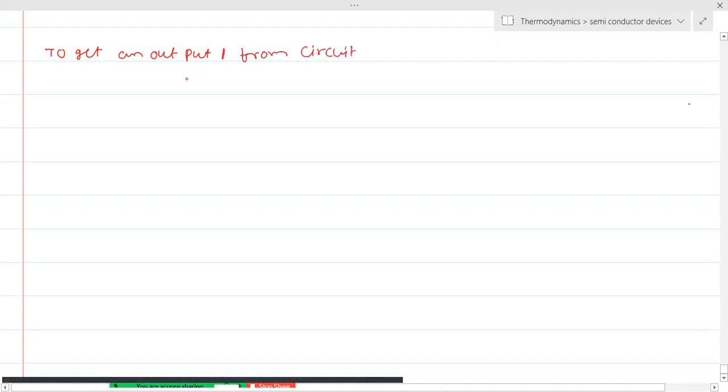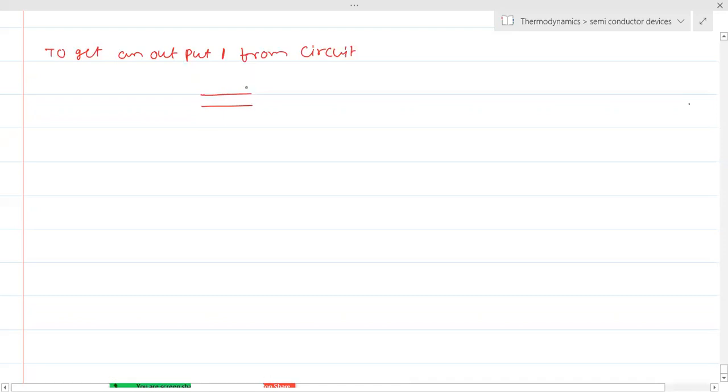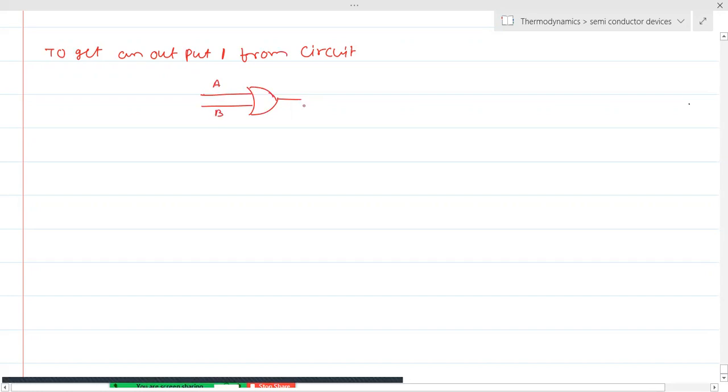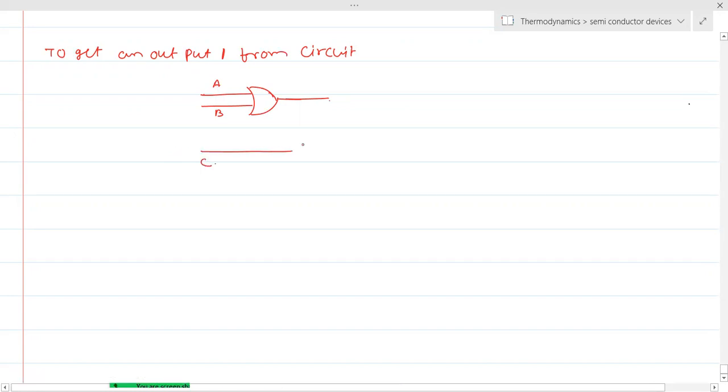To get an output 1 from the circuit, in the circuit we are providing this. So this is A and this is B, and this is C.